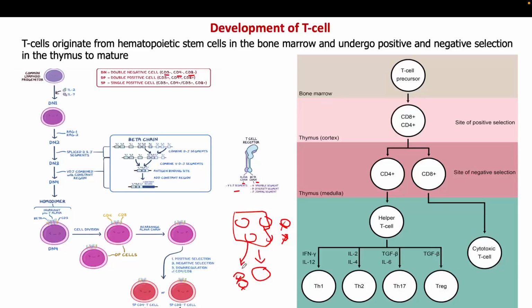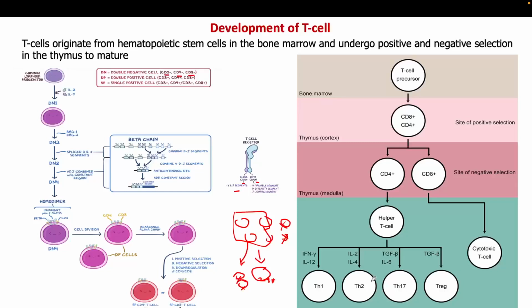This is called negative selection, and after that only 2 to 4% of cells will remain, which have the desired affinity for the foreign antigen. They will go to the secondary lymphoid organs, encounter the particular type of antigen, and then neutralize that antigen.